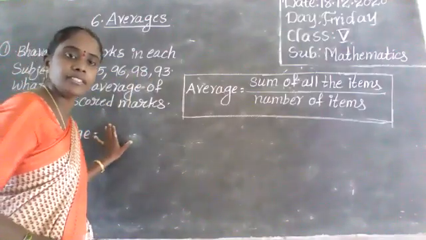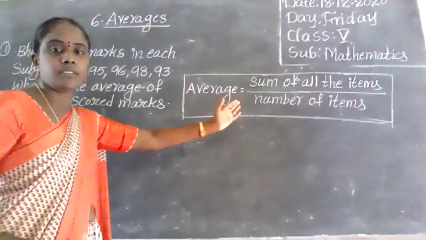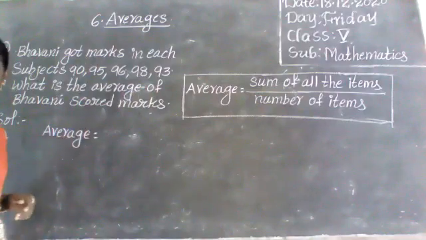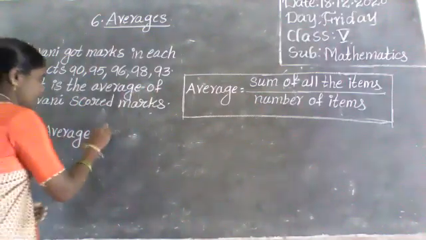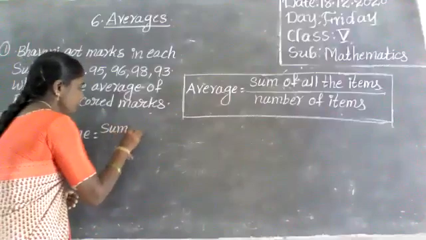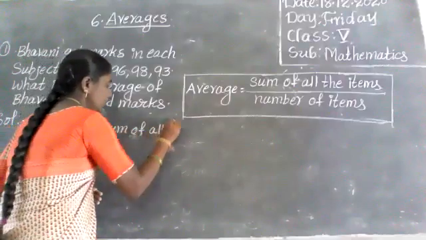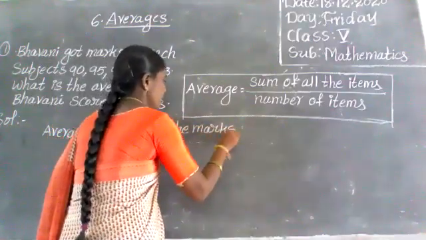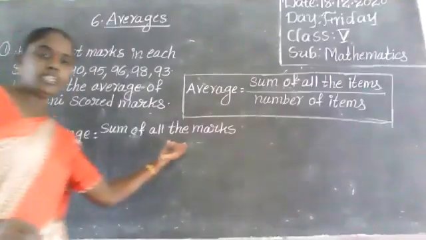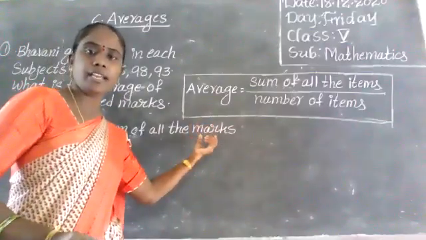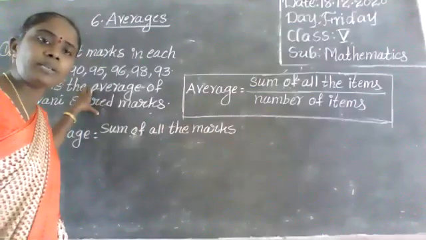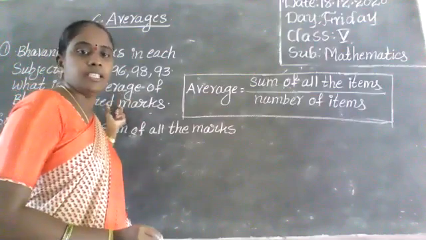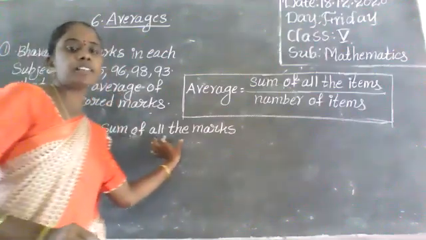So we have to write total sum of all the marks. Here the formula says items, but this problem is about marks, and we have to find the average of marks. That's why we write sum of all the marks.